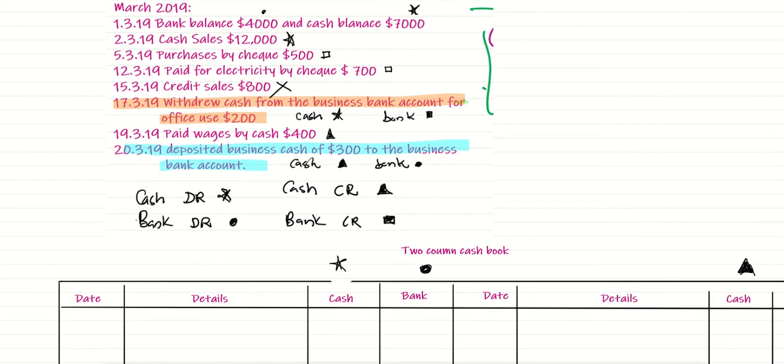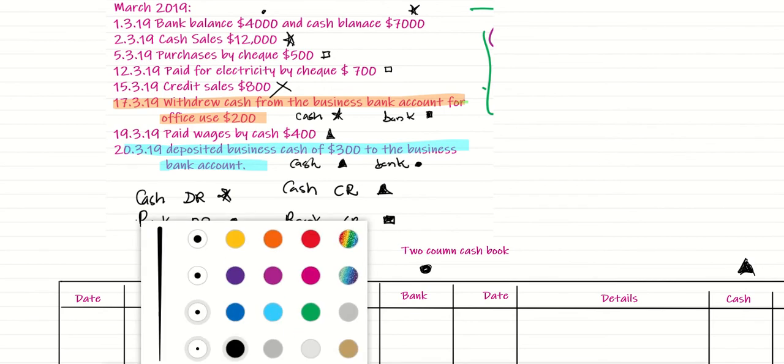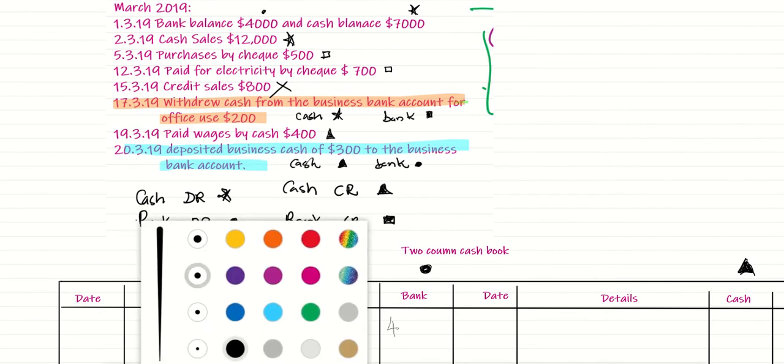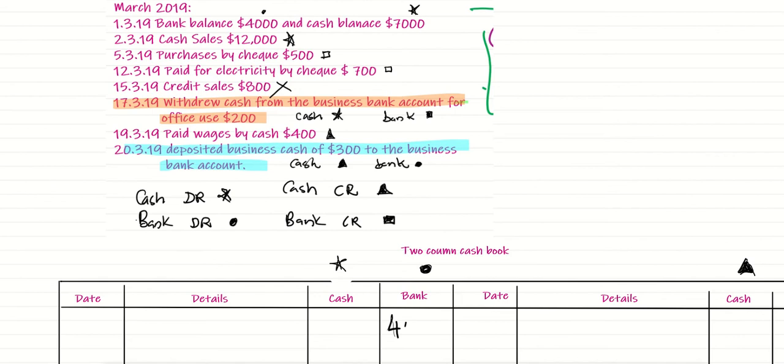The circle amount is worth 4,000, which is bank debit, and then cash debit worth 7,000. We write it on the debit side of the cash book as balance brought down on 1st of March 2019. Now we are done with this transaction.